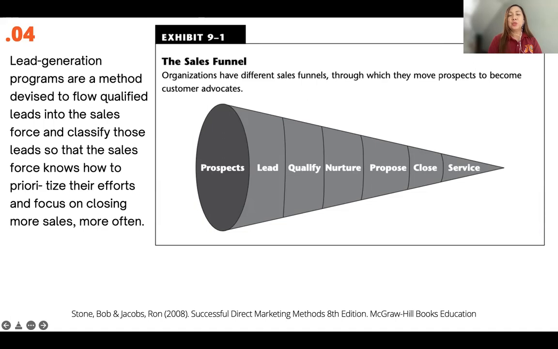Then you're going to nurture. How will they develop a relationship with you? It's because of the communication that you have with them. And that's the time that you're going to propose, meaning you discuss the features of your product or the services that you are offering. And the last point would be the closing, wherein you close the deal, they will now buy from you. And the service refers to the after service.